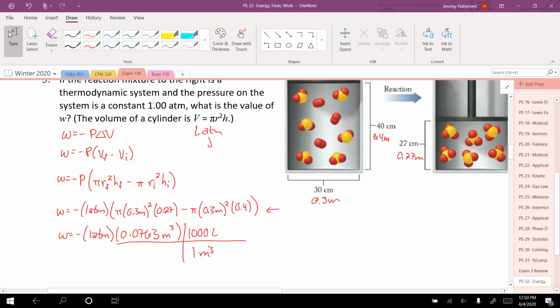And there's my issue. Okay, so the equation is pi r squared h. I was using pi d, right? 30 centimeters is the diameter, not the radius. So it should be 0.15 meters. My bad. Let's see if that can give me the right answer.